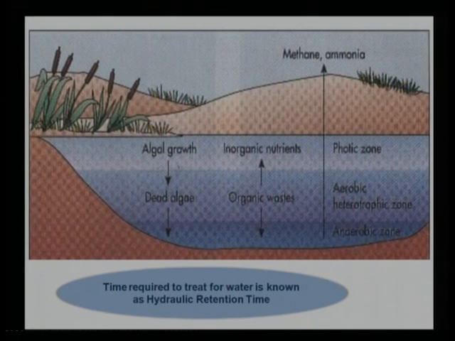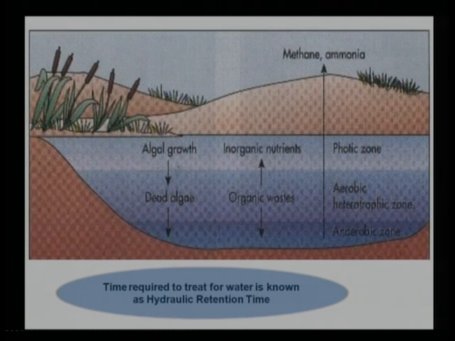In the photic zone, algal growth is preferred, and algal growth is mostly found in this upper area of the oxidation pond. We know that algae are very famous for their photosynthetic reactions, and they utilize light and CO2 and produce some organic compounds in the oxidation pond.